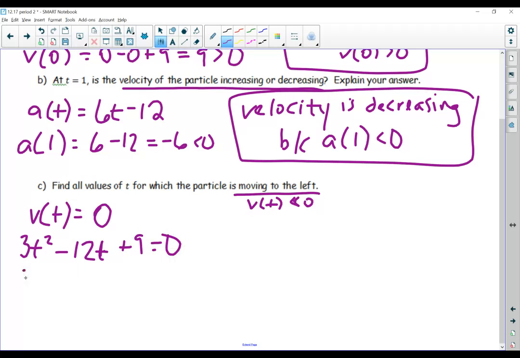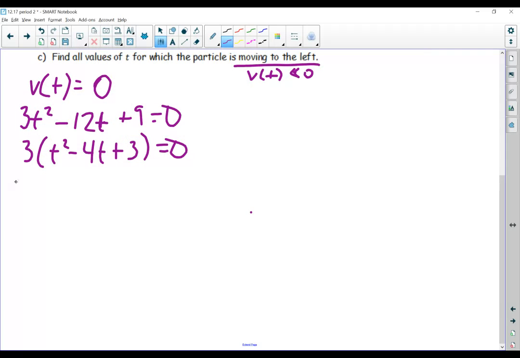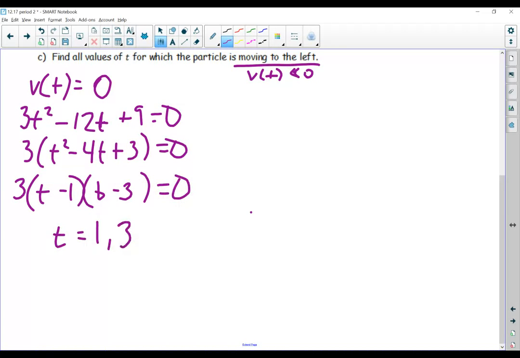Okay, if I solve that, I'm going to factor out a 3. I'm going to factor this little baby quadratic. And I'm going to get t equals 1 and 3. Now I'm going to figure out a sign chart for my velocity.